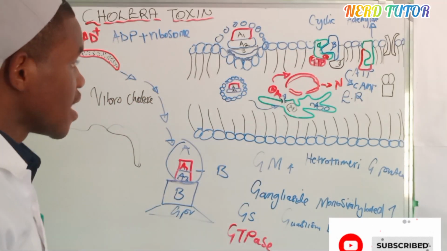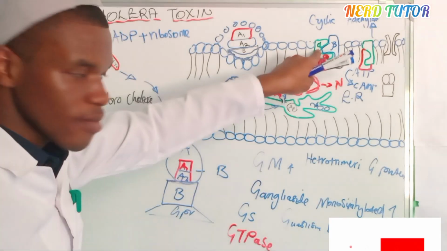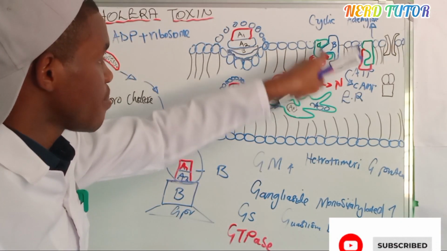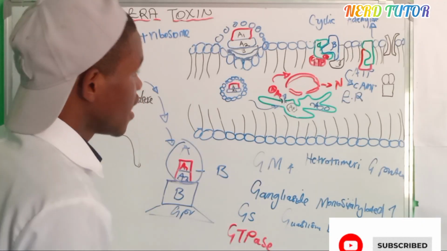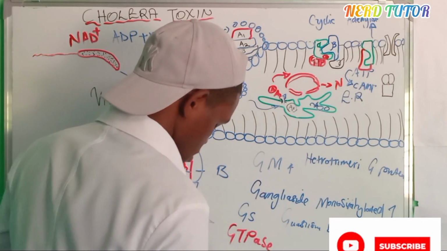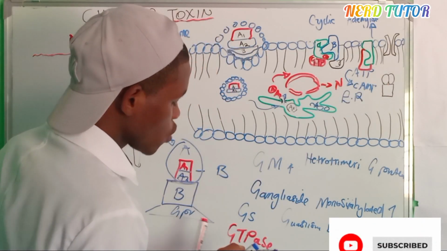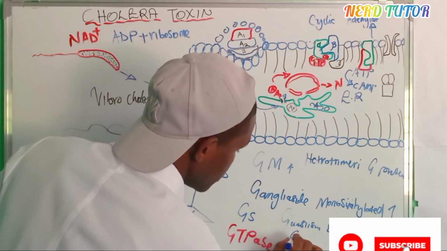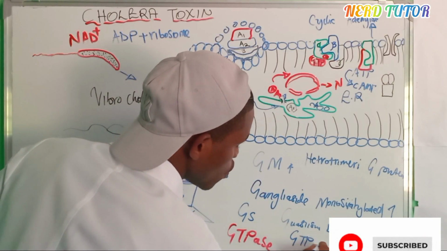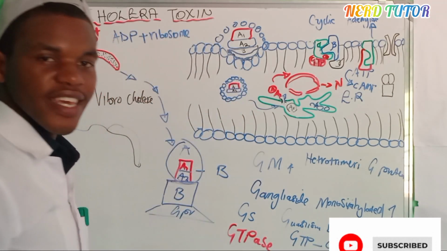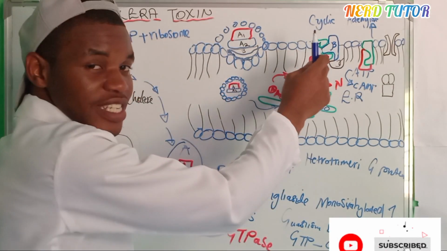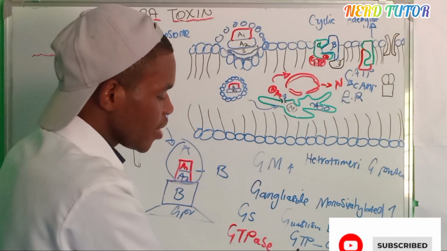What it means is this alpha subunit is able to hydrolyze the GTP to GDP.